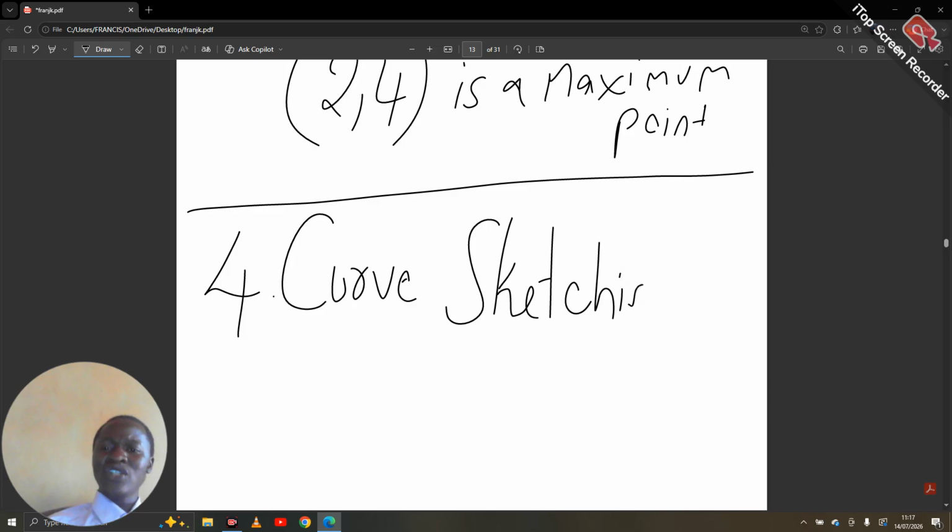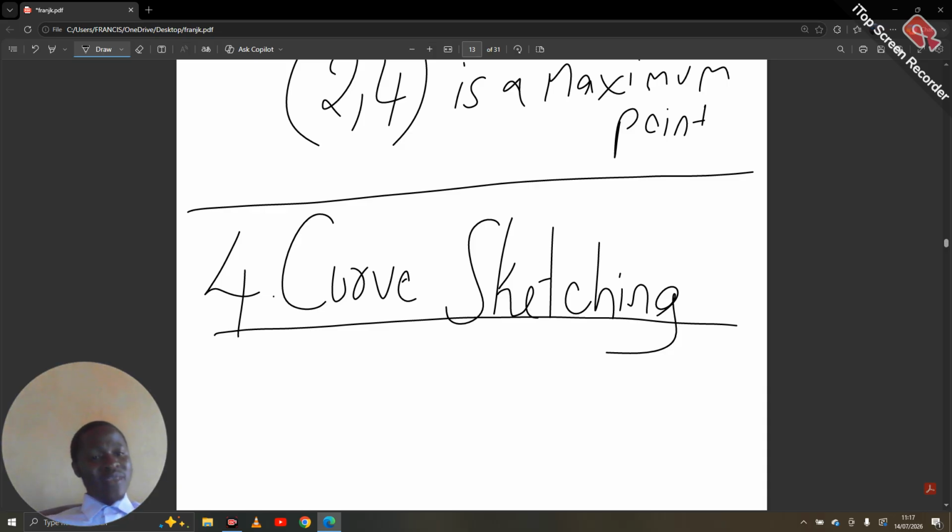Remember, the functions can be termed as curve. There are some points we read a question, and instead of the examiner telling you a function, he or she is talking of a curve. So that's why I'm telling you that a curve can also be termed as a function.